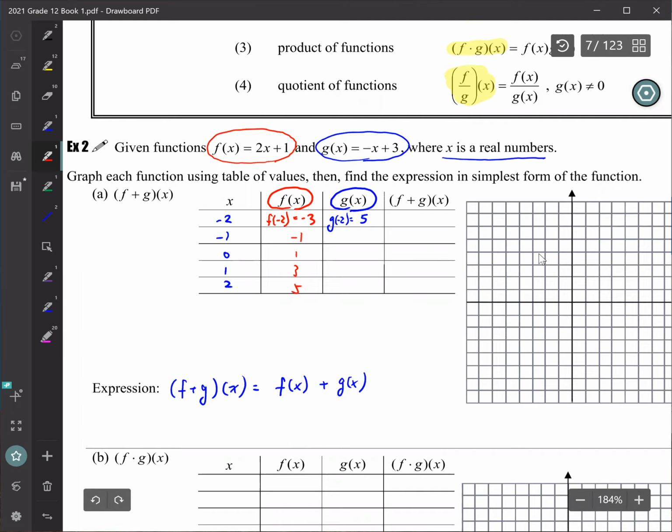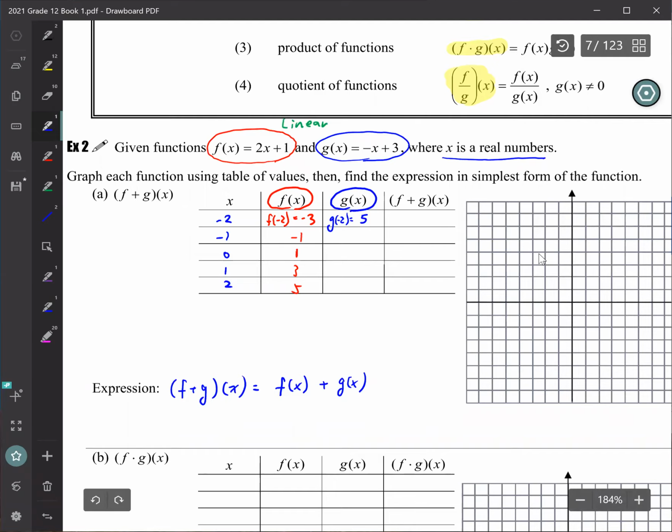Yes, okay, so you can see the pattern, it goes up by 2 each time, right? So once you get a few of them, you can do that. We can only do this if it's linear. Both of the functions are linear functions, meaning they are straight lines. They don't have squares.